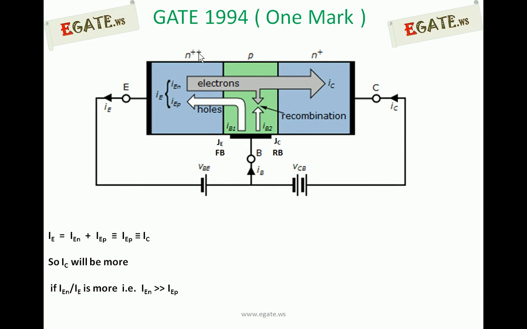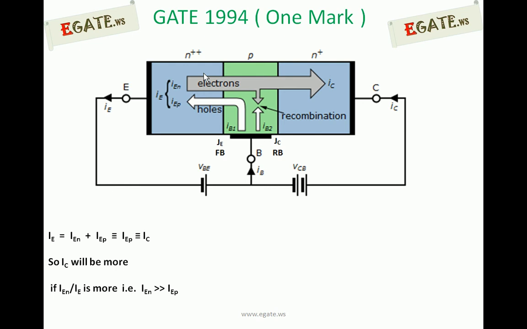if the base width is very thin, at that time also the number of recombinations is going to be less. Practically the width of the base is going to be much smaller than the diffusion length of minority carriers in the base. That's why we generally say WB for an NPN transistor is far less compared to Ln. Ln is nothing but the diffusion length of electrons in the P-type base.